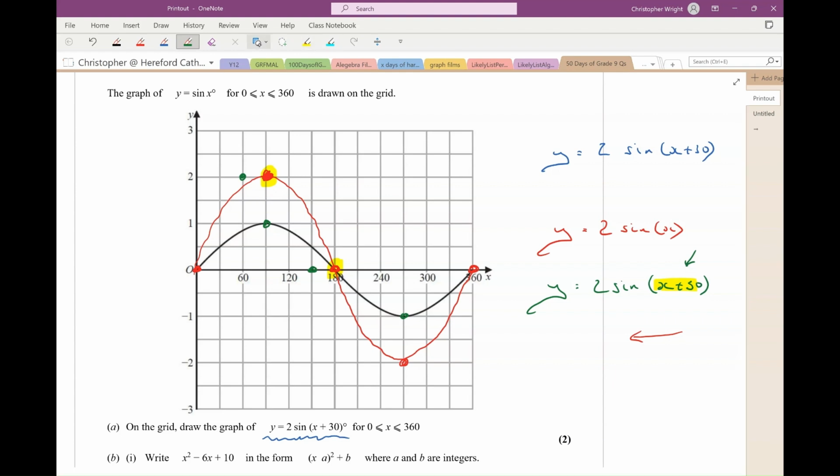I've used green again, so I'll rub out my original greens. There we go. Now this point is going to go 30 units to the left, so it's going to end up here. And similarly, this point is going to go 30 units to the left, so it's going to end up here. So my new curve is going to be this one.